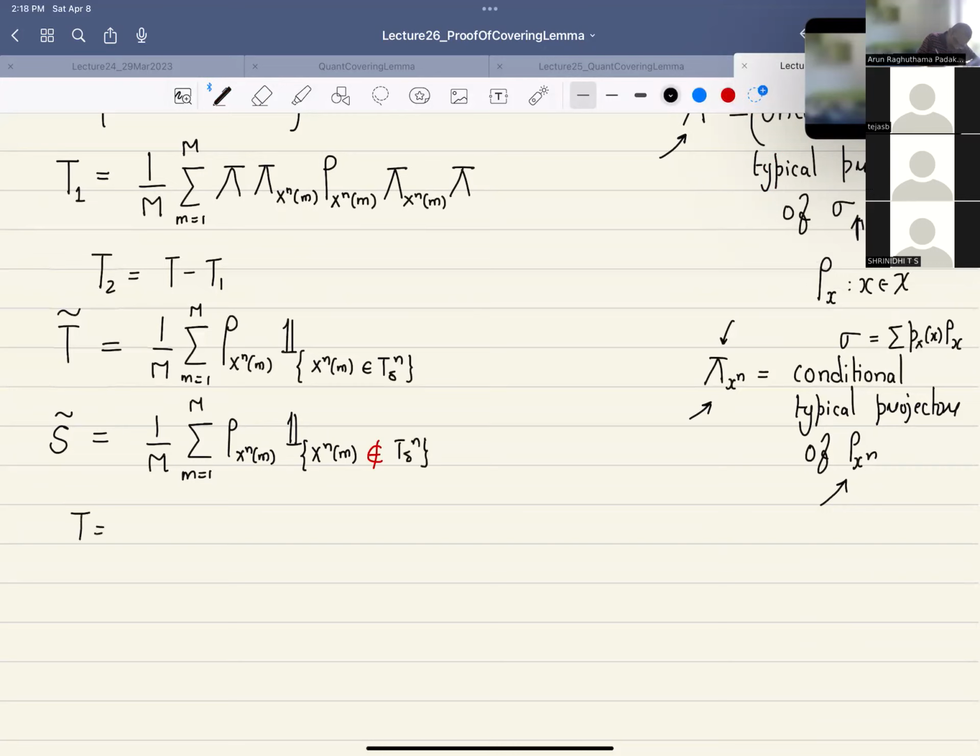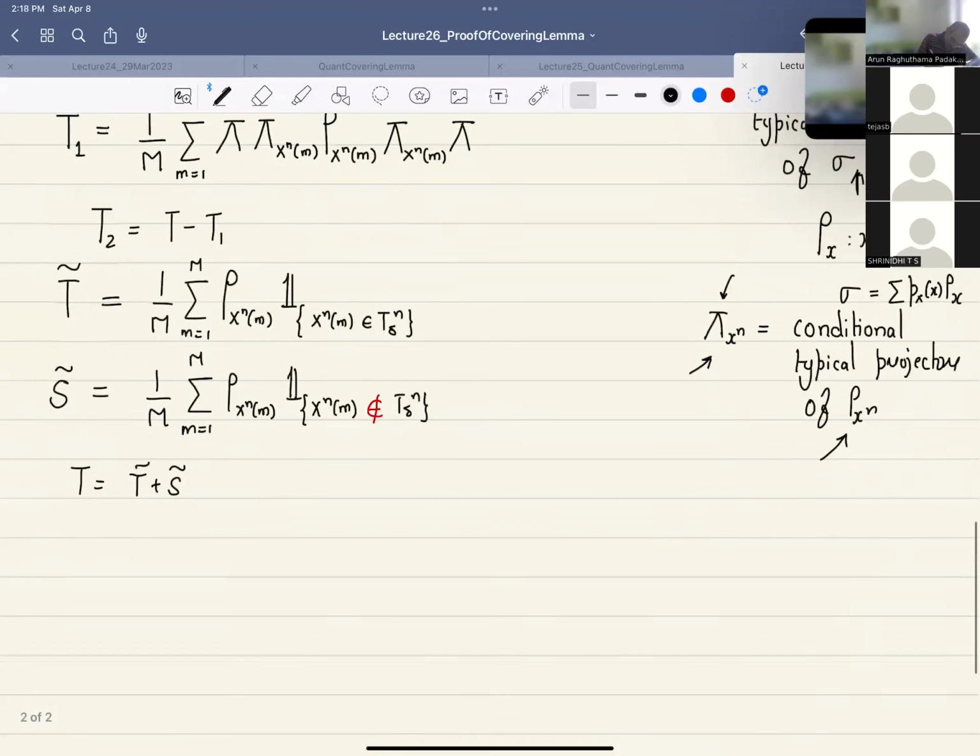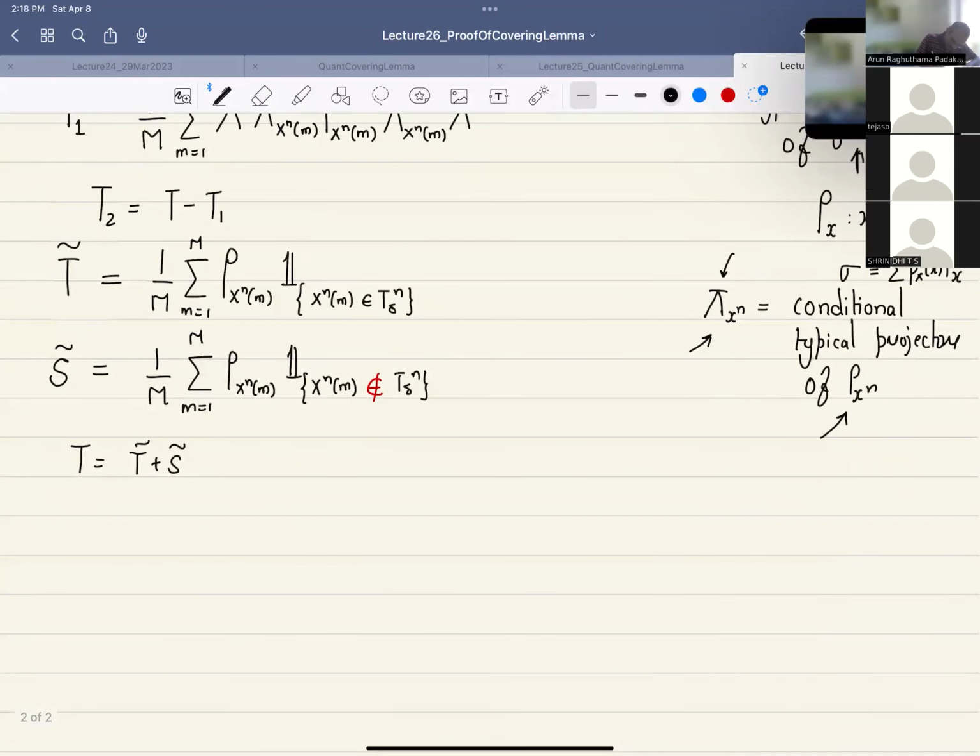Clearly T equals T delta plus S delta. You can show that the S delta, so you're going to get something like this, right? You're going to do a lot of work yourself. These are not hard, but you do a lot of steps to come to the critical step.